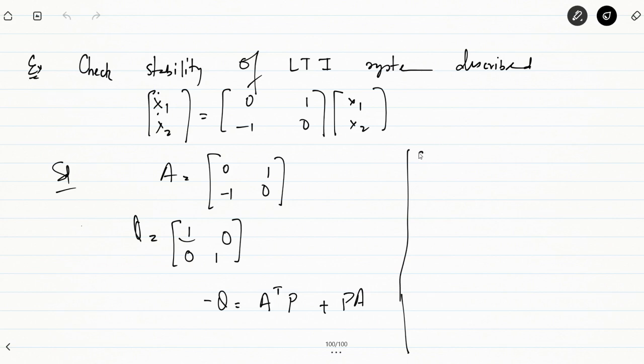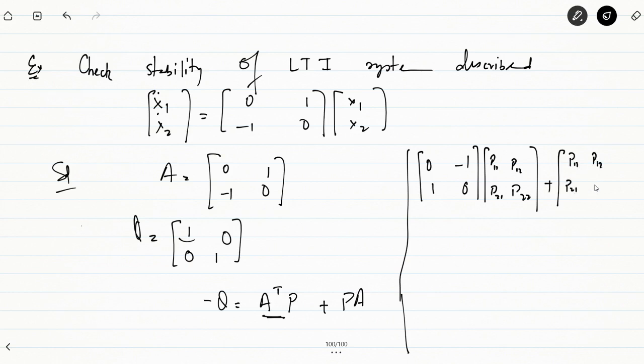So this means AT, which is 0, 1, minus 1, 0, into P, where P is P11, P12, P21, P22, plus the P matrix P11, P12, P21, P22 into A, which is 0 1 minus 1 0.